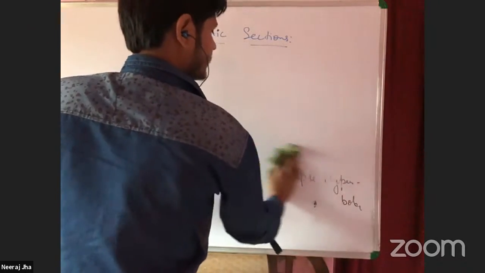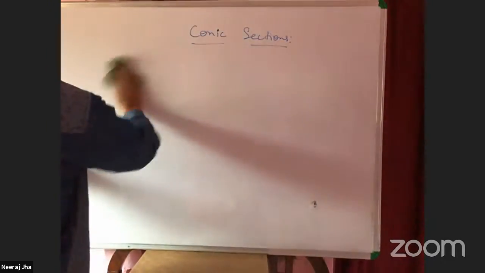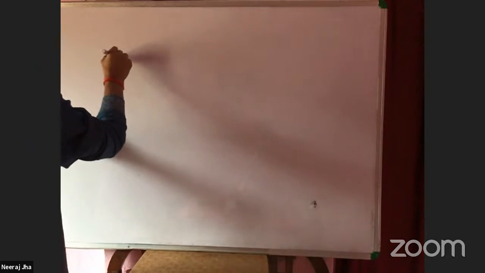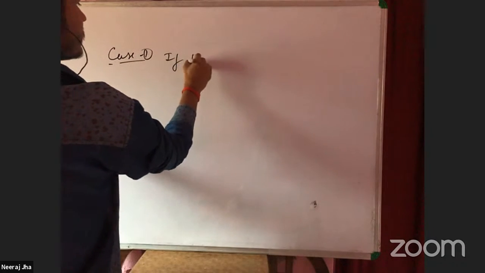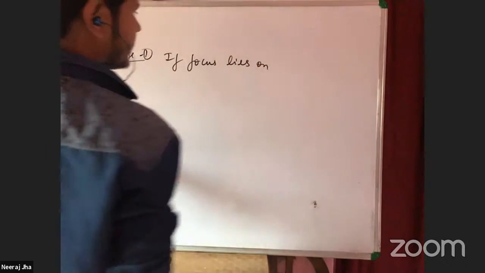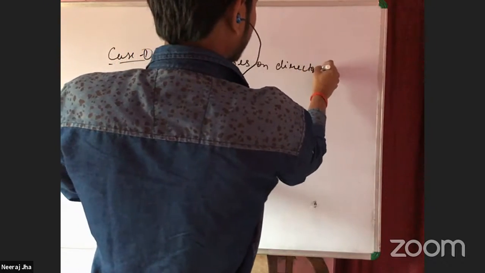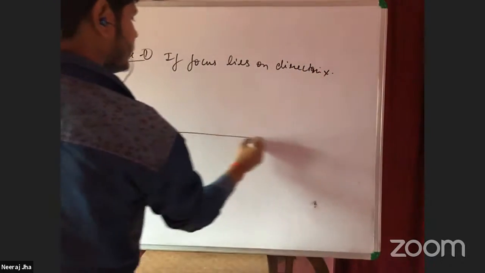Even if we cover conic sections now, that also will give you 3 questions in JEE Mains, right? Correct. We have 2 cases. First case is if focus lies on directrix. Focus is lying on directrix means you have this line as directrix.